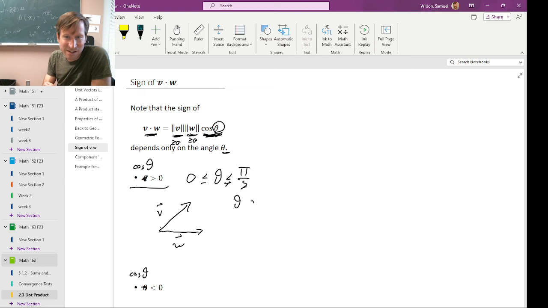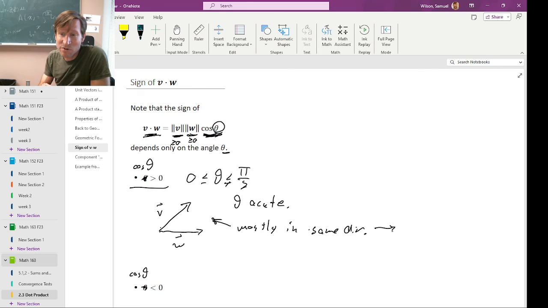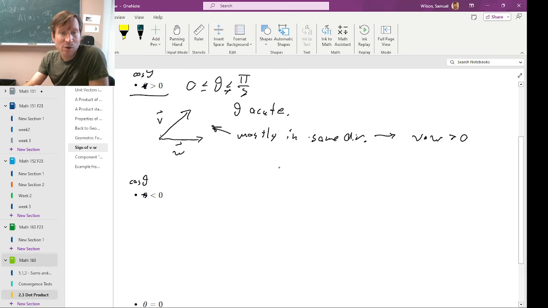So theta is acute here. In other words, v and w point mostly in the same direction. So that's when this dot product is going to be positive. So if v and w point mostly in the same direction, v dot w is greater than 0 because this cosine part is positive.